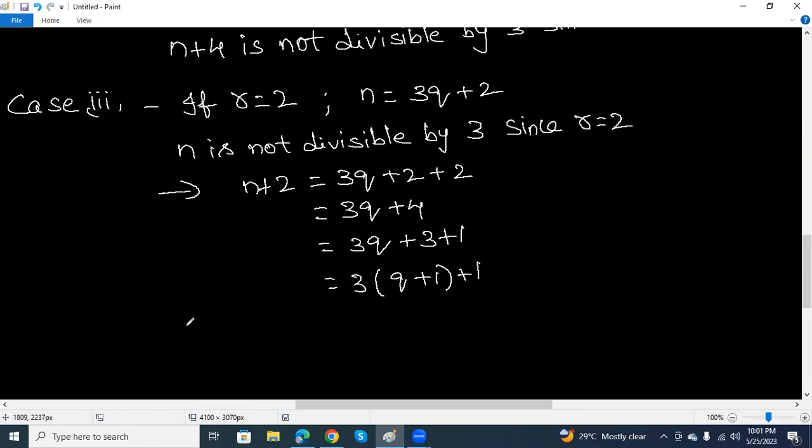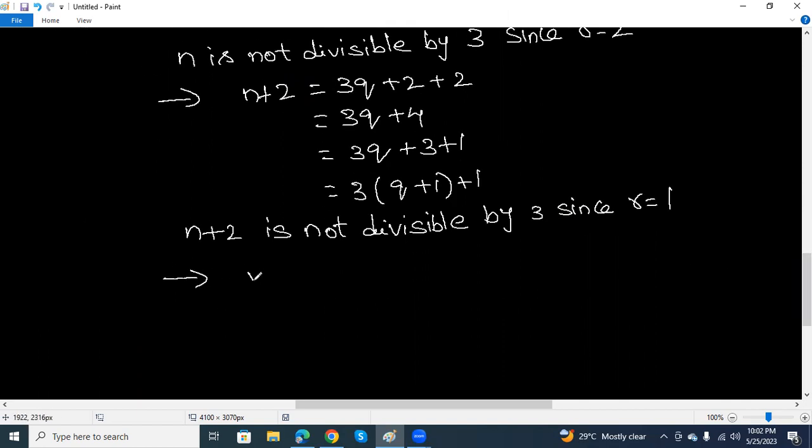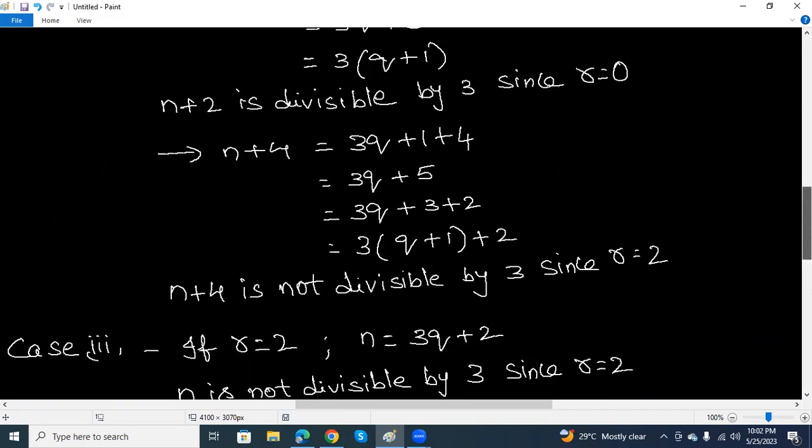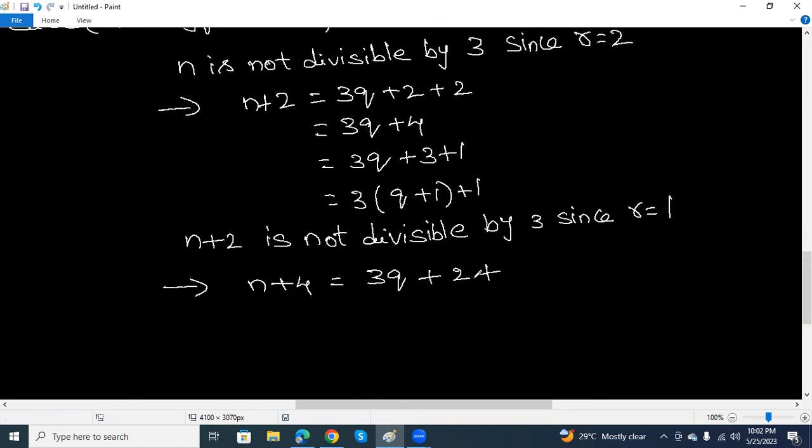Is it divisible? No. So n plus 2 is not divisible by 3 since the remainder is 1 here. Last case, add 4 on both sides. n plus 4 is equal to 3q plus 2, plus 4, right?